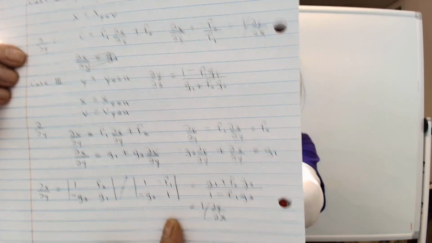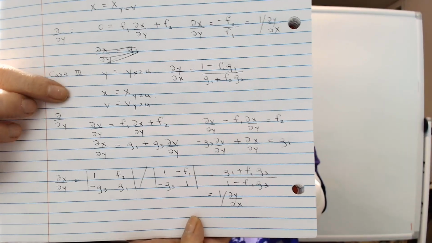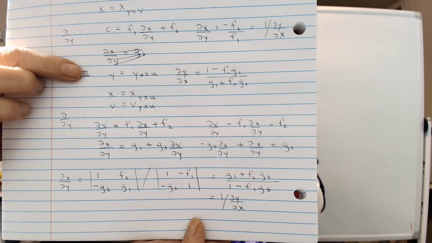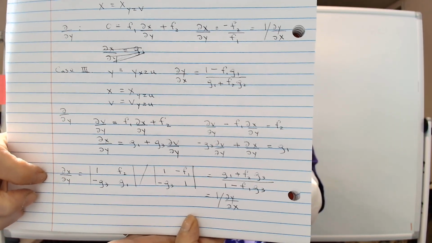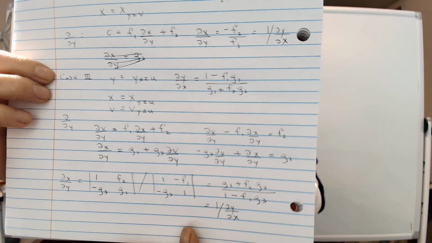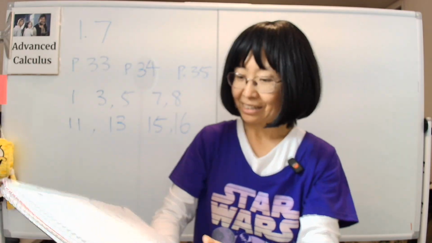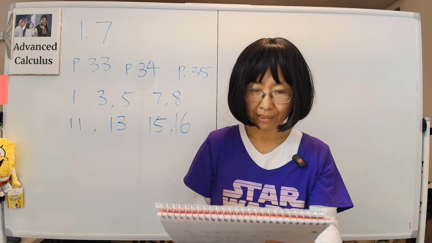And then finally, case 3 is slightly more involved, but no different. The principle applies. First, I calculated partial y, partial x, and then I calculated partial x, partial y right here, which happens to be the reciprocal of that other thing up here. So that is that.